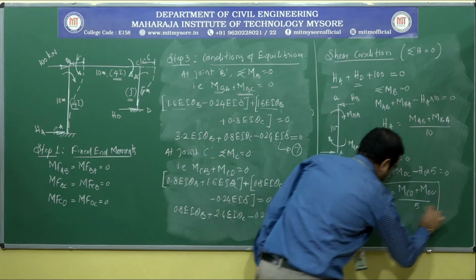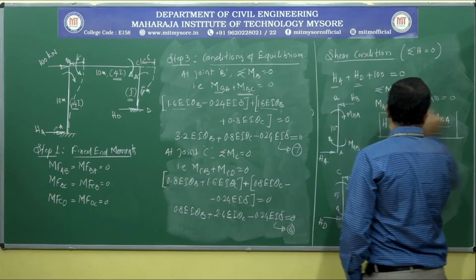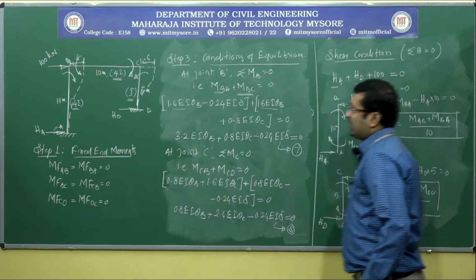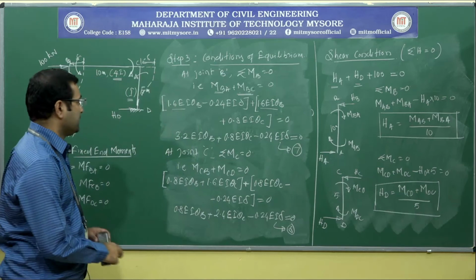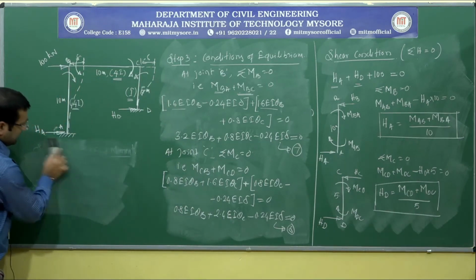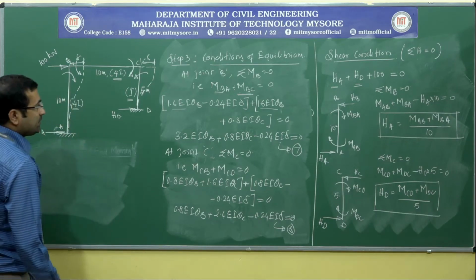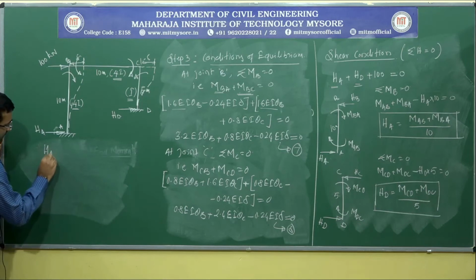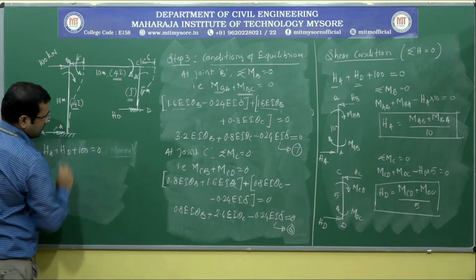Now we need to substitute these two values, that is HA and HD, into the shear condition. The shear condition is HA plus HD plus 100 equals to 0.